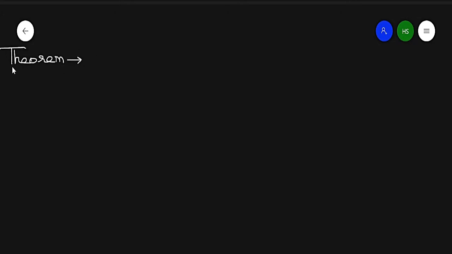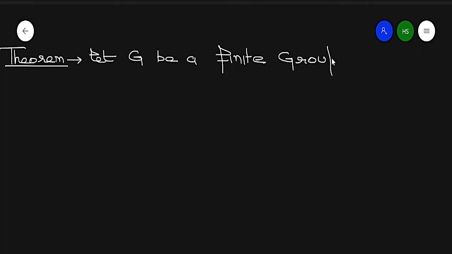A very important result. This is the statement: let G be a finite group. We already know that G is a finite group.